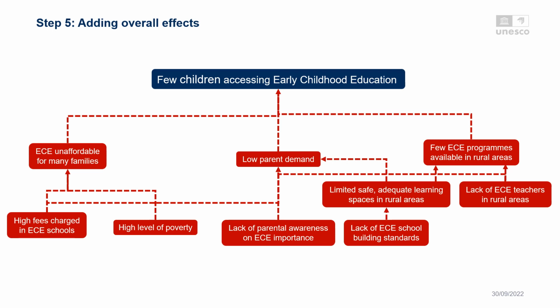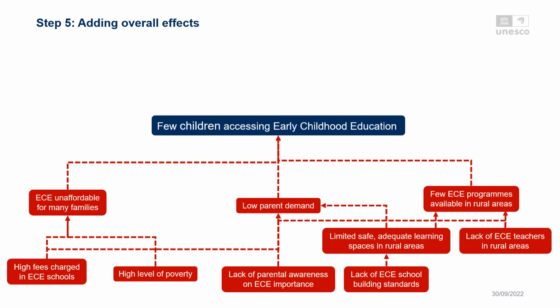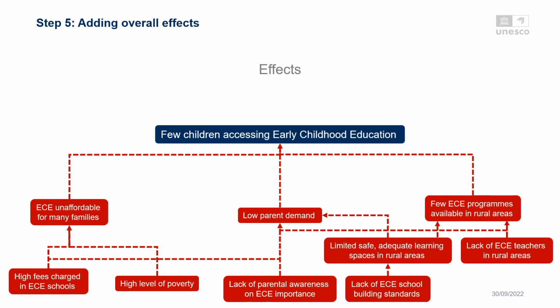We must now consider what are the larger effects of the focal problem on the education system, as in, what are the effects of few children having access to pre-primary? Why do we care about this issue?